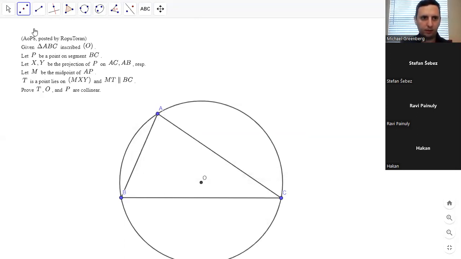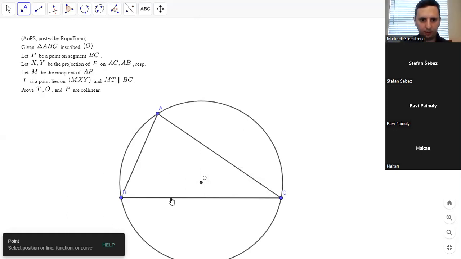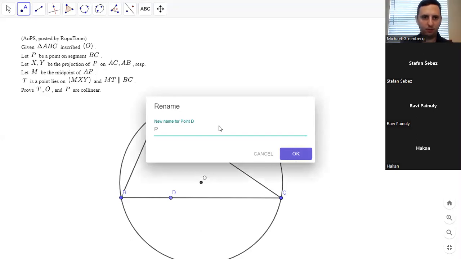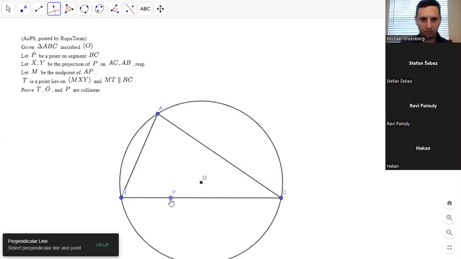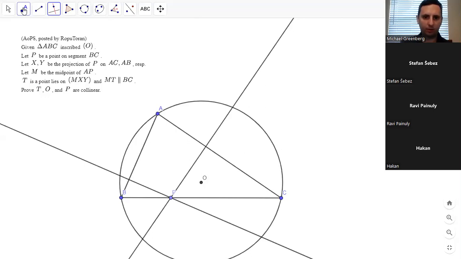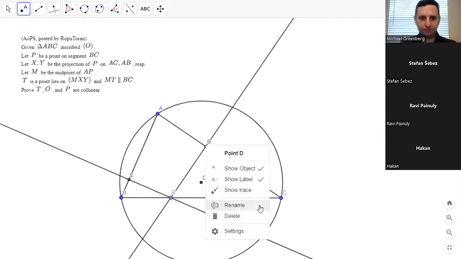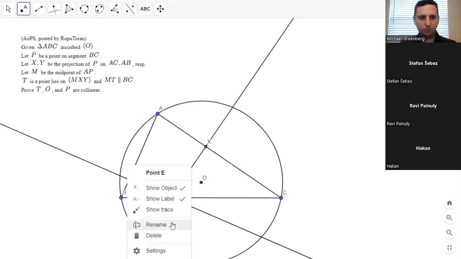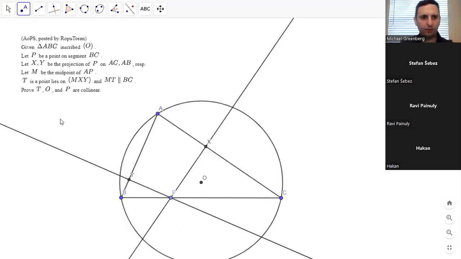P is any point, and then we project onto AC and BC. So that's going to be X and Y. And obviously we have a cyclic quad there. And then M is the midpoint of AP, so M is going to be the center of that cyclic quad.